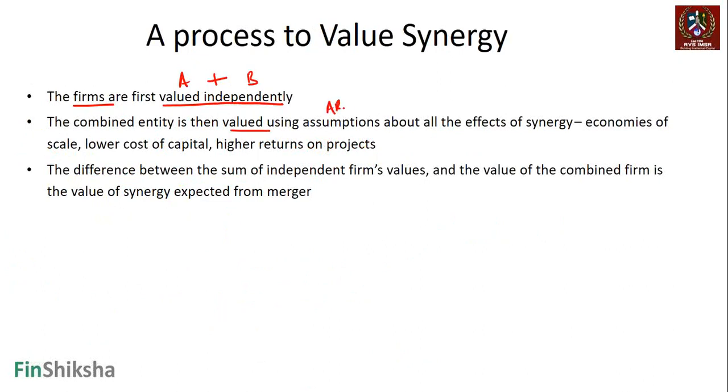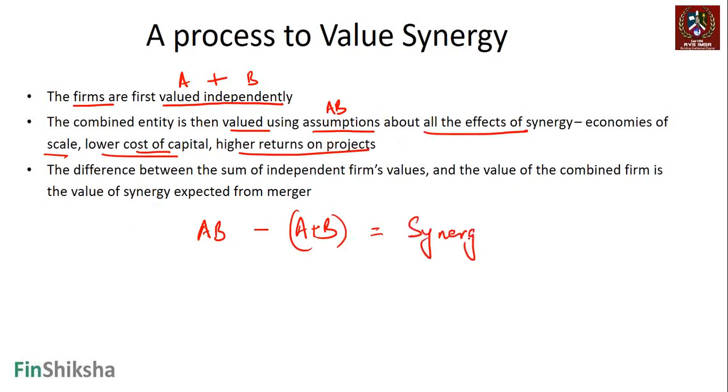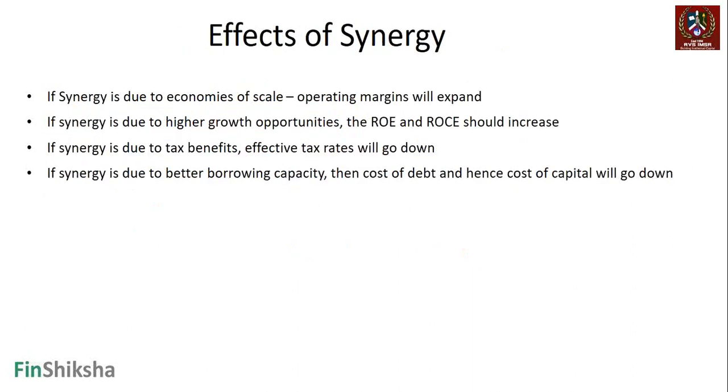Now you are valuing AB combined using assumptions about all the effects of synergy in terms of economies of scale, lower cost of capital, higher return on projects, lower cost, better margin, lower discount rates in the combined entity, and then try to find out the value of AB. The difference between AB and the independently valued A plus B is expected to be the value of the synergy. AB minus A plus B is your synergy, right?